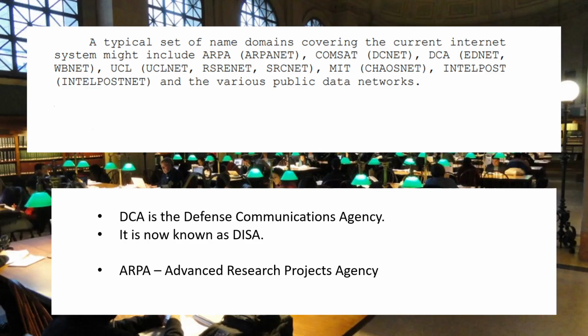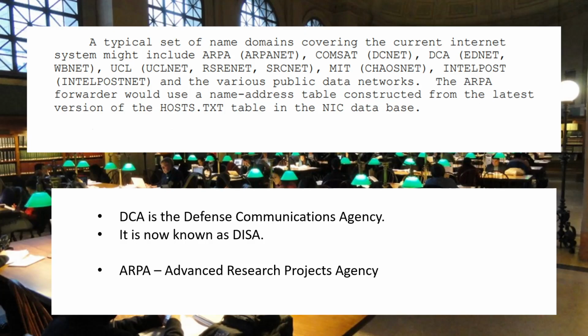So you've got UCL, that's University College London, MIT. Notice that Comsat, that seems to have DCNet. So when they talk about DCNet, that is the system run by Comsat, and ARPANET is run by ARPA. DCA is the Defense Communications Agency, now known as DISA.